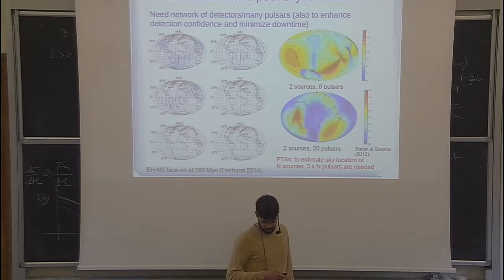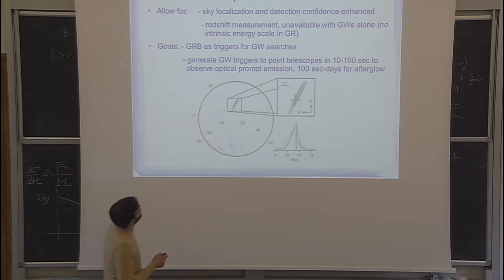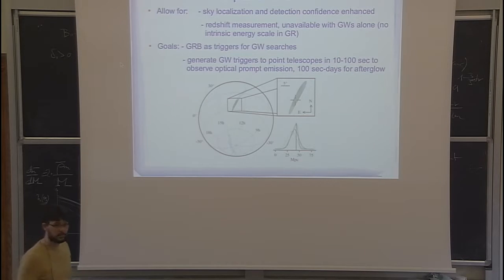So what do I want to say now? Yeah, this is what I was saying before. Of course, if you have a counterpart, such as a GRB, you'll be able to pinpoint your source in the sky to very large accuracy, although, as you can see, it's still several square degrees. This was the sky localization of GW170817, the first ever direct gravitational wave detection from a neutron star binary.